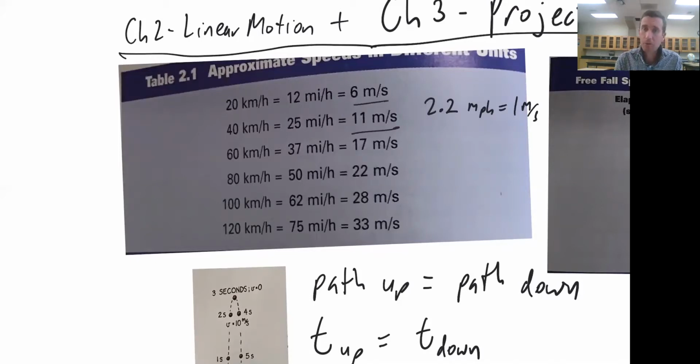Add a nudge, puts me at 25 miles an hour. Let's say 22 meters per second, double it, 44, add a nudge, and I'm at 50. Okay, so pretty much double it plus a bit. I say it's about 2.2 miles an hour in a meter per second. So that gives you a rough approximation of about where you'll be.